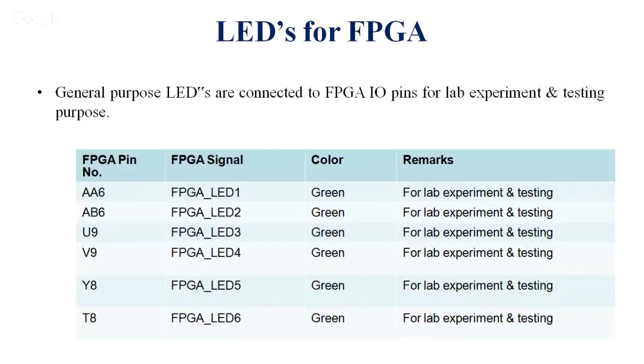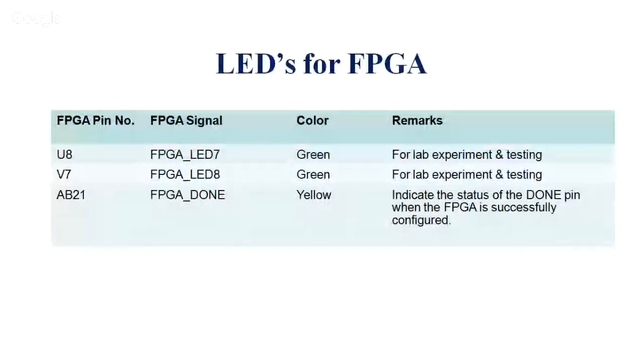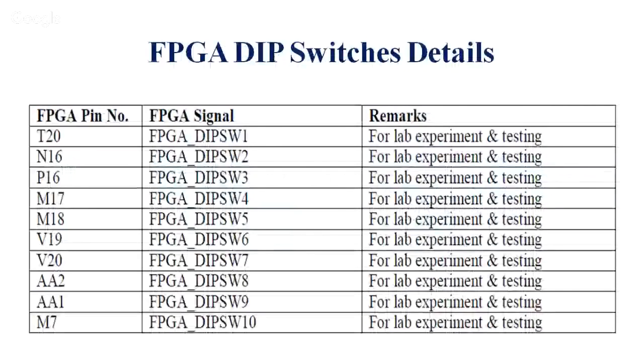There are 10 LEDs in this FPGA kit, and dip switches from which we can give input. There are multiple dip switches available in the FPGA, so I am taking T20 and N16, dip switch 1 and dip switch 2.